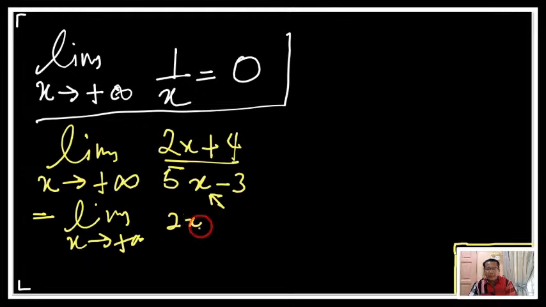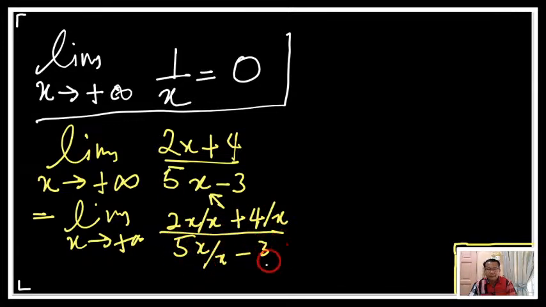So 2x over x plus 4 over x, over 5x over x minus 3 over x. You divide by the highest power from the denominator, from here. It's not this x, but this x. So if this one is x power 5, you divide everything by x power 5.